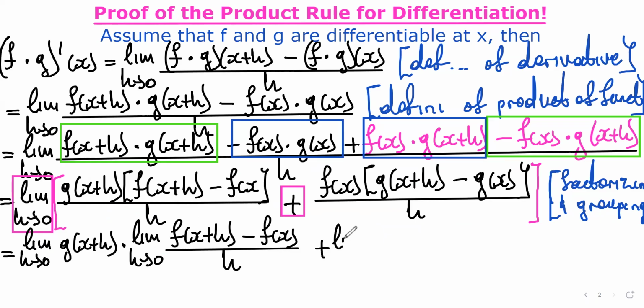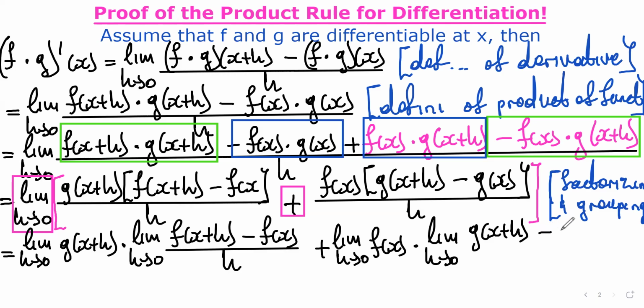Then I say plus. I have the limit as h approaches 0 of f of x, and this is multiplied by the limit as h approaches 0 of g of x plus h minus g of x. And we say, of course, this is divided by h.